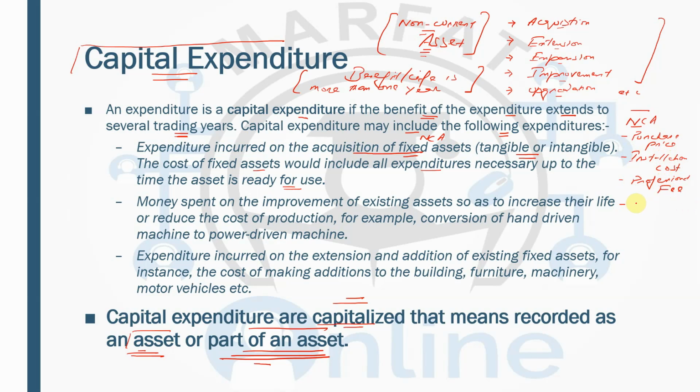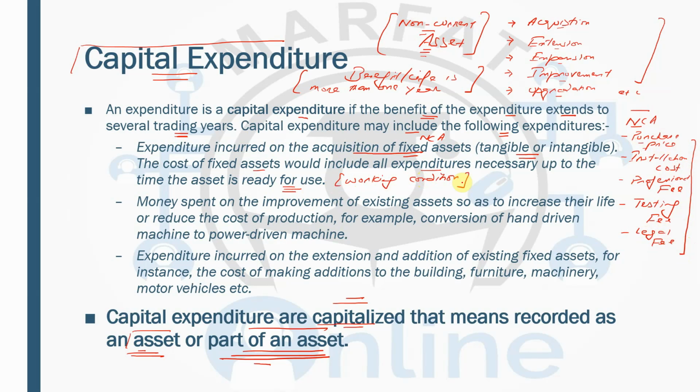Maybe before putting that asset into production, you are having it tested by someone, so there is a testing fee. And you have to pay some legal fees to acquire that asset. Now remember, not only the purchase price, but all of these expenditures which are necessary to bring the asset into working condition will be part of the asset cost.